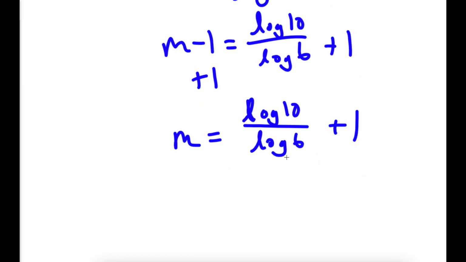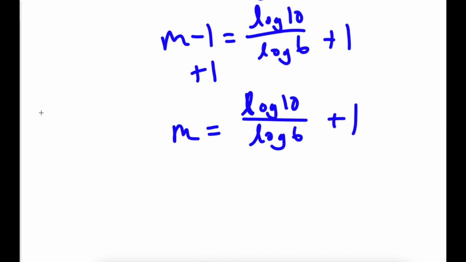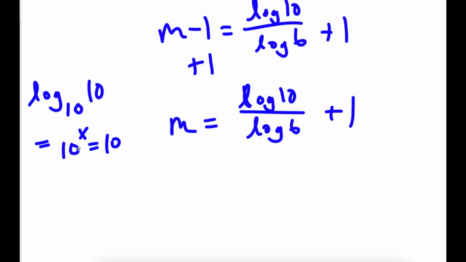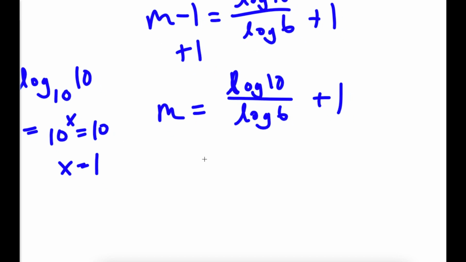Log 10 over log 6, well, log 10 is the same as log base 10 of 10, and this is essentially asking 10 to the power of x is equal to 10. And the only value of x has to be 1, because any number to the power of 1 is itself. So meaning log 10 is equal to 1, so I have 1 over log 6 plus 1.